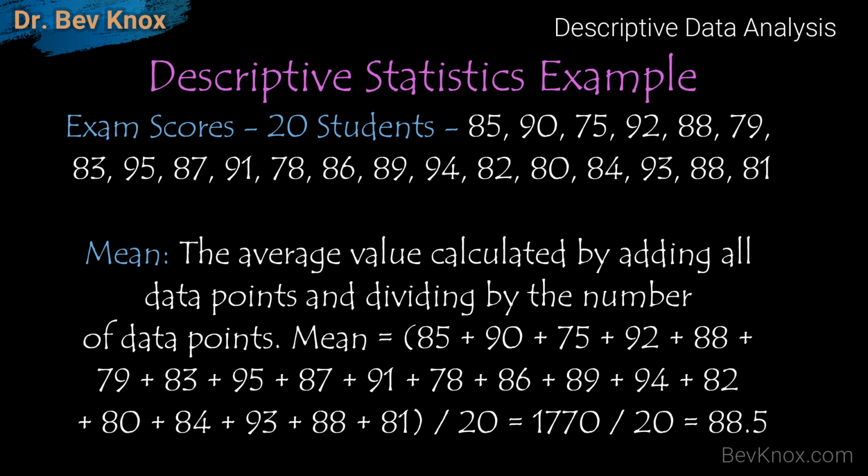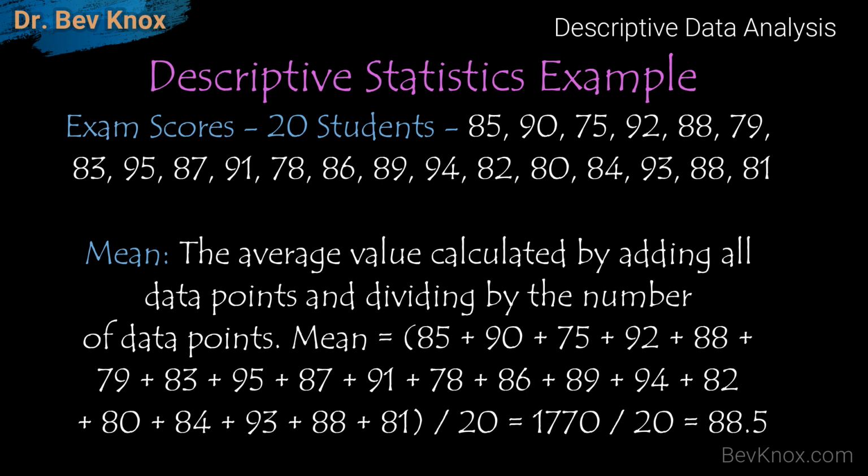First, we want to find the mean. How do we do that? Well, the mean is the average value calculated by adding all data points and dividing by the number of data points. So you would add up all the scores and divide by the number of scores. So the mean would equal, and then you would add it all up, 85 plus 90 plus 75, etc., etc. And then you would divide by the number of scores.